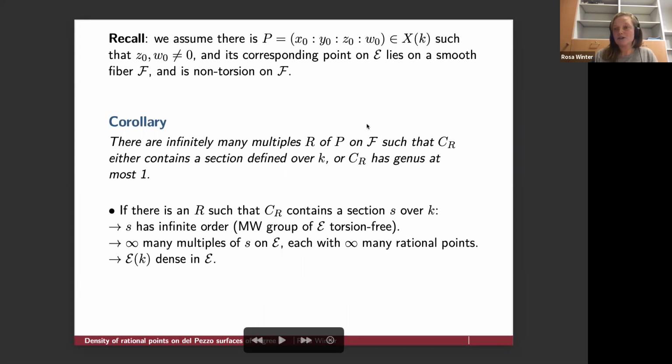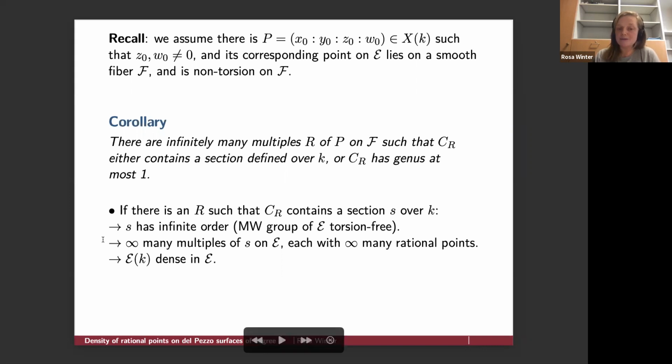Okay, so let's go case by case now. If there is such an R such that the 3-section contains a section over K, well, the Mordell-Weil group of this elliptic surface is torsion-free. This is true because we work with an elliptic surface coming from the Del Pezzo surface. So this section has infinite order.